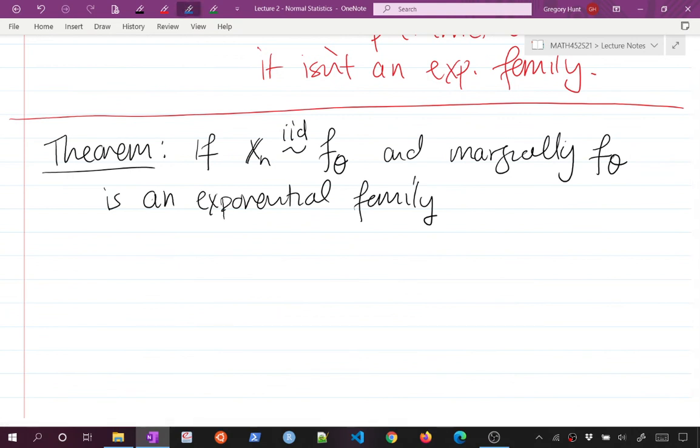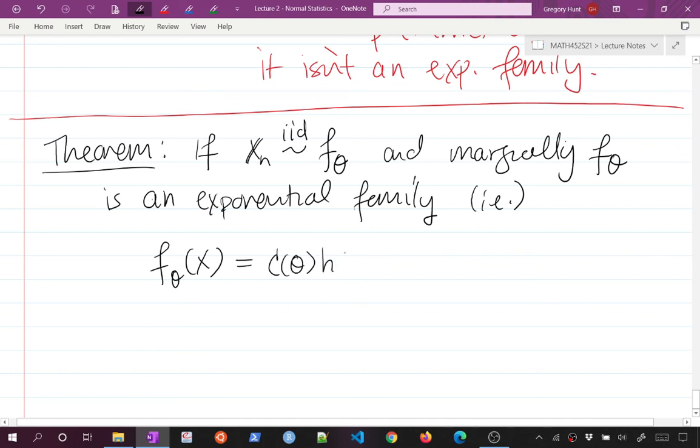So let me just write this down. If the IID sample marginally is an exponential family, i.e., if the distribution of just one thing, not the joint, can be written as some c of theta, some h of x. Now x is only one thing; it's not a multivariable function. Times exponent of t of x times w of theta.